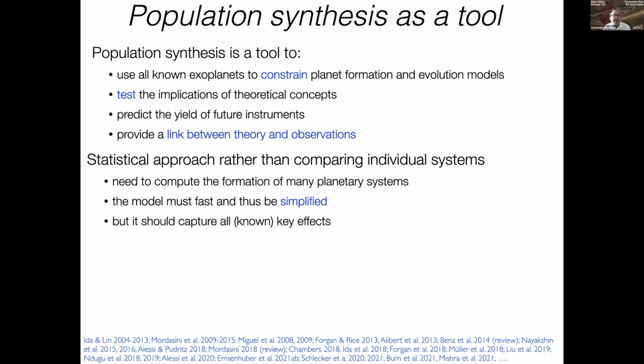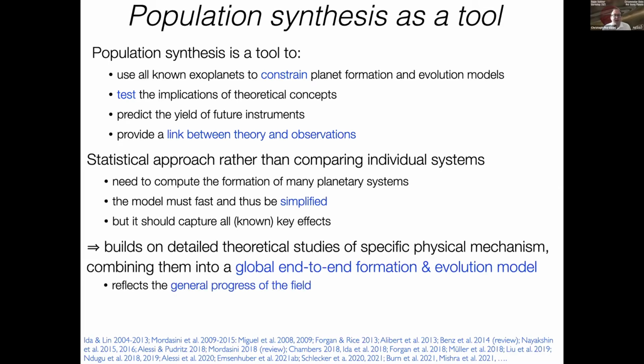And this means that we need to compute the formation of many planetary systems. And thus, the theoretical model must be fast and simplified. But of course, it should capture all known key effects as far as we know them nowadays. This is, of course, not the final truth.